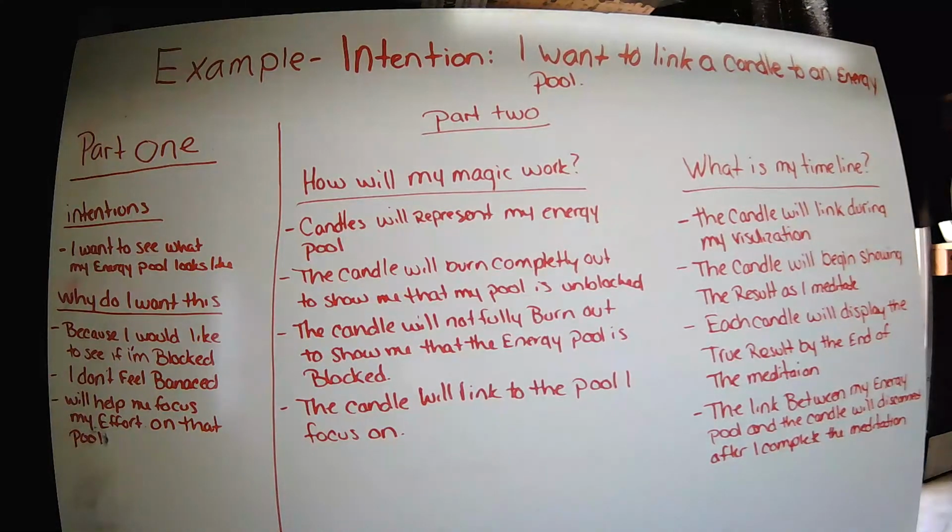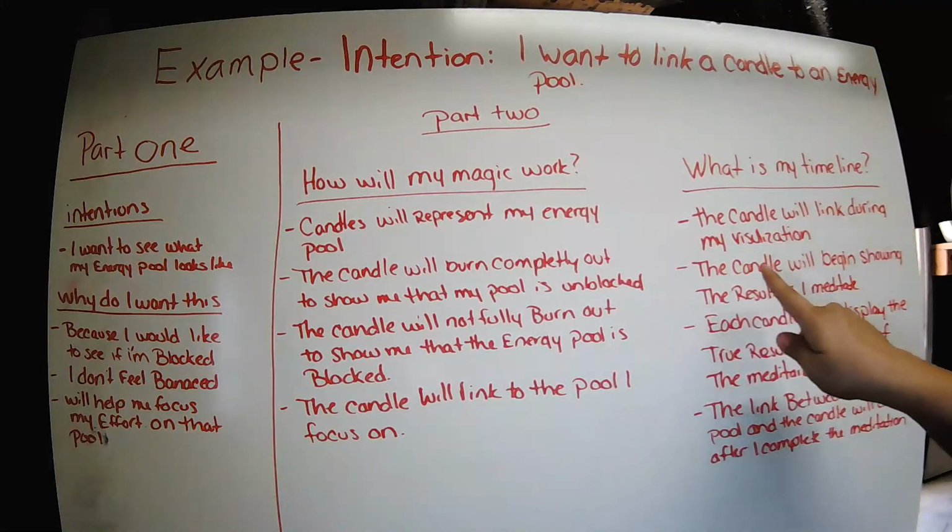If I'm holding the root candle and visualizing the link between my root and the candle, I want the universe to know that I want that to happen while I'm actually visualizing, not after I'm done visualizing, but during the visualization. Obviously, I can get a little bit more detailed and specific: I want the red candle to link to my root chakra during my visualization. I can get super specific if I want.